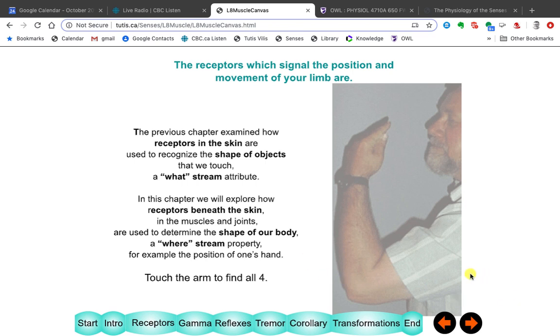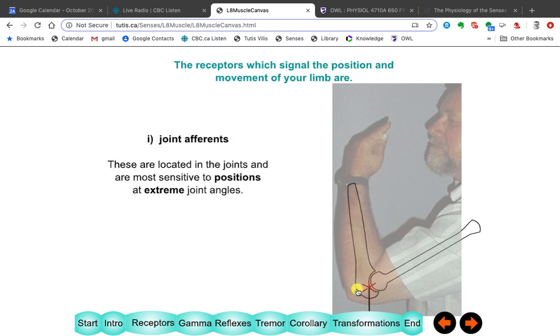Now let's find out what some of the receptors are. There's one called the joint afferent, and it's located between the bones at the joint, your hip joint, the joint of your elbow.